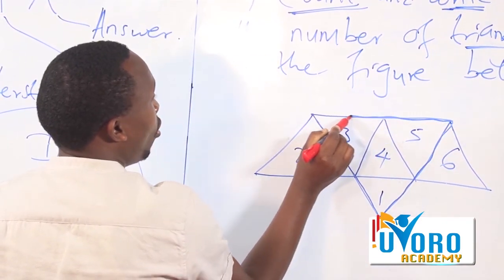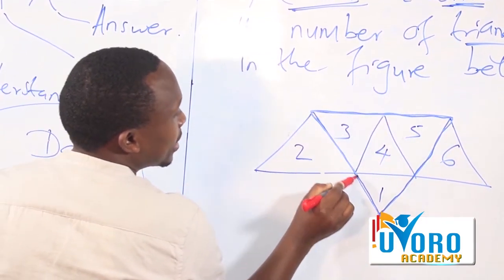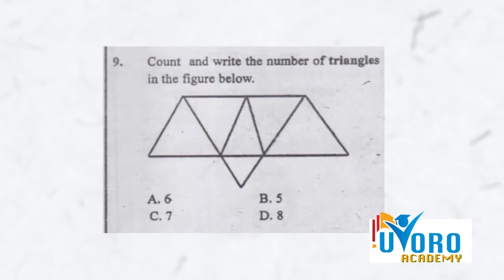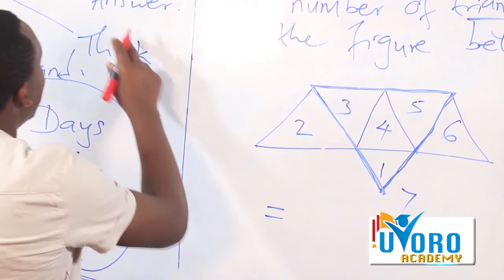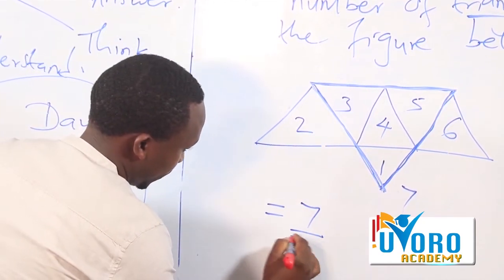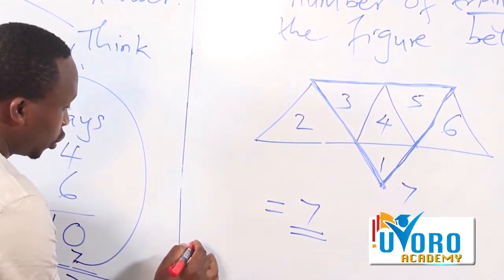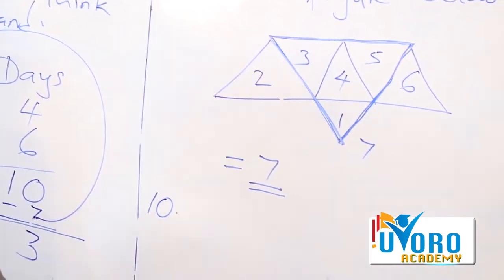That is the triangle enclosing the other triangles. That is the 7th one. So, how many triangles do we have? The answer is 7.